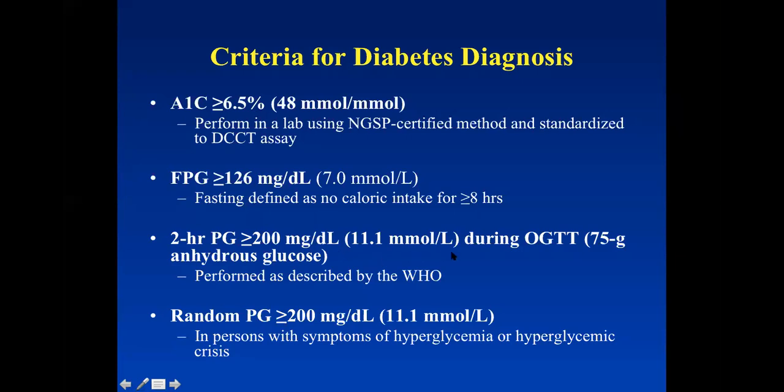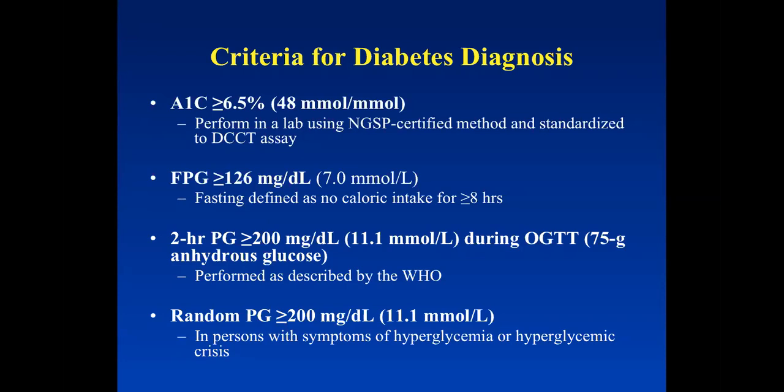after giving 75 grams of anhydrous glucose. This test we name the oral glucose tolerance test, where we give 75 grams of anhydrous glucose. You remember that glucose can exist as molecules with water molecules bound to glucose, monohydrate or dihydrate.